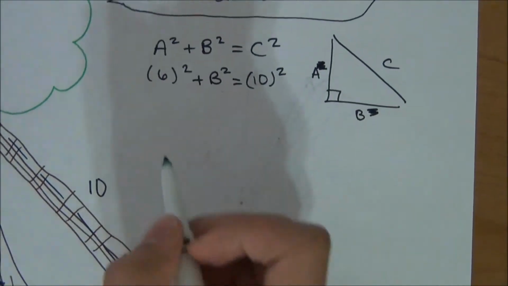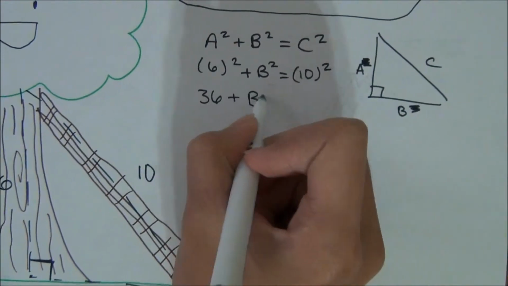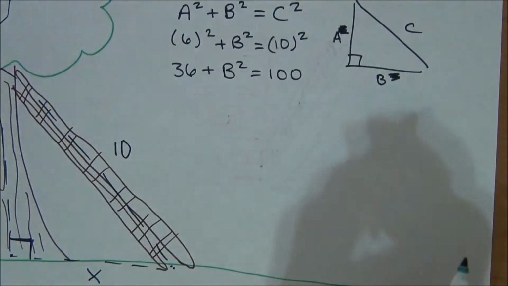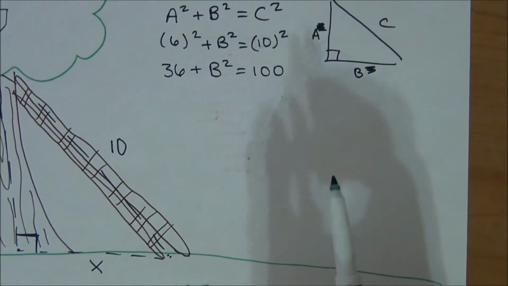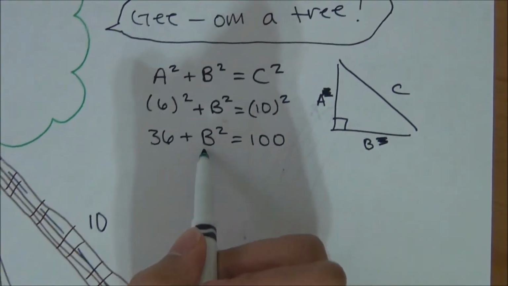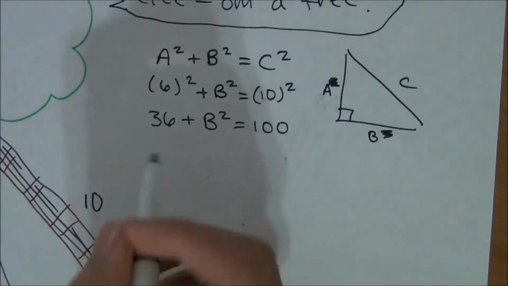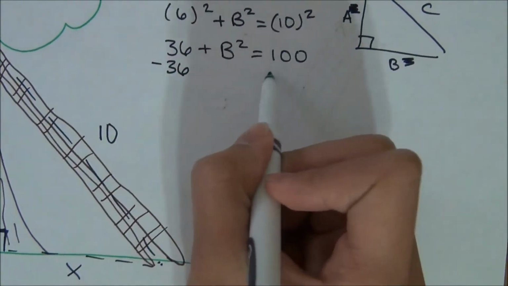Now, 6 squared is 36, plus b squared is equal to 100, because 10 squared is 100. And now, what we want to do is get b by itself, and in order to do that, we have to subtract 36 on both sides to cancel them out.